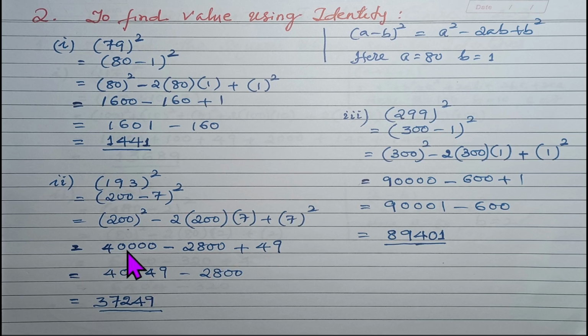Add 49 to 40,000, we get 40,049, minus 2,800, we get 37,249 is the answer. So 193 square is 37,249.